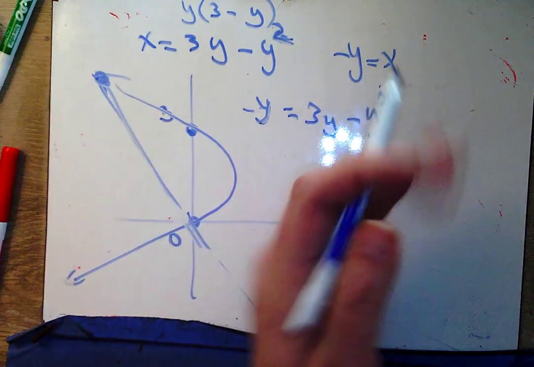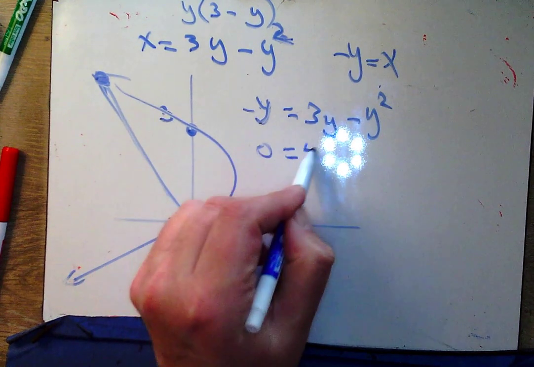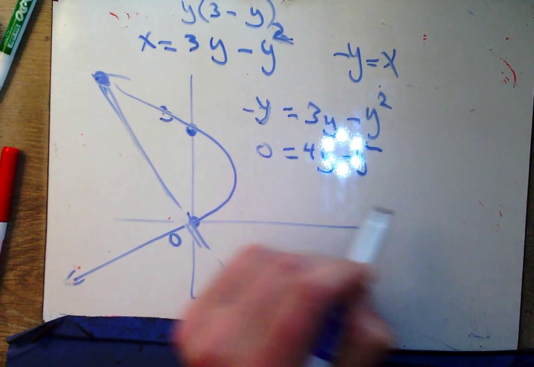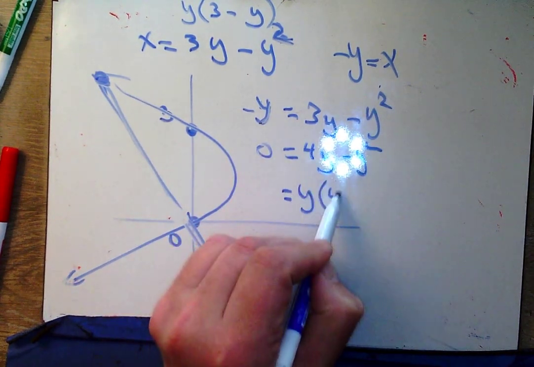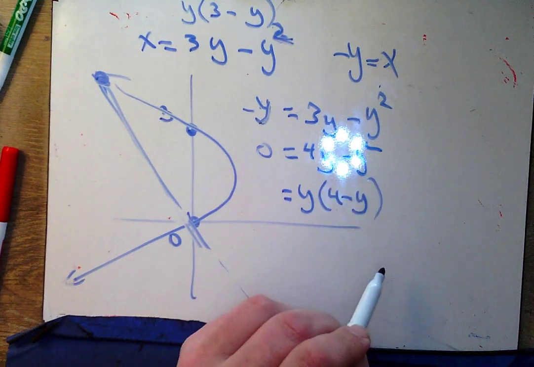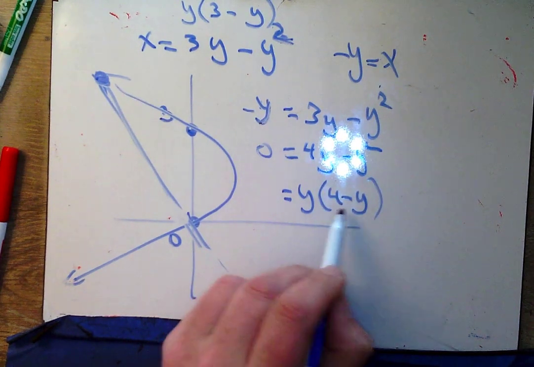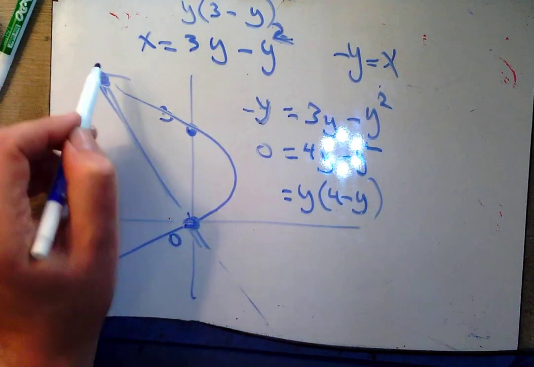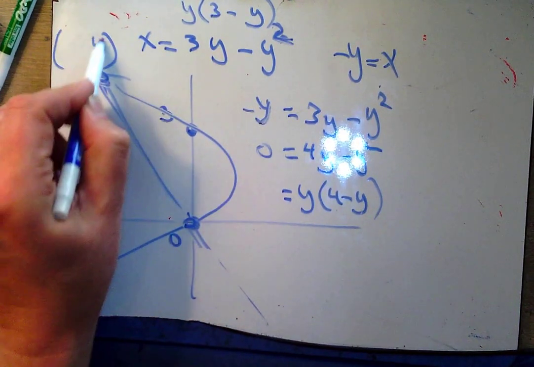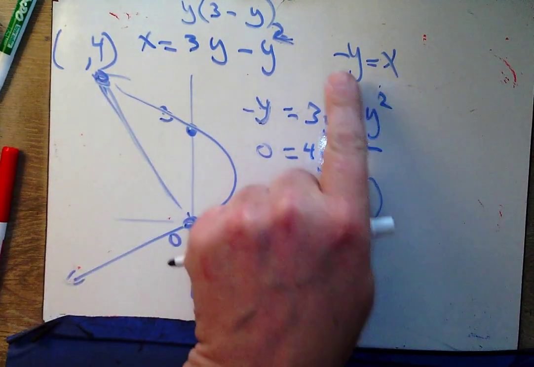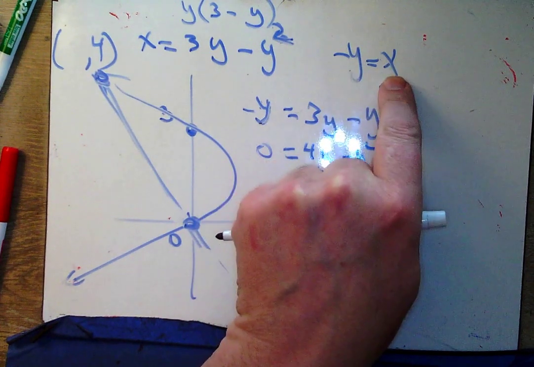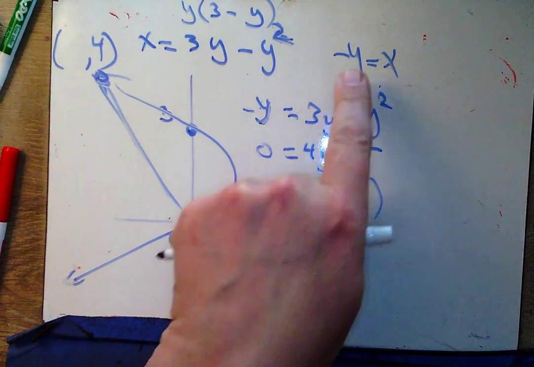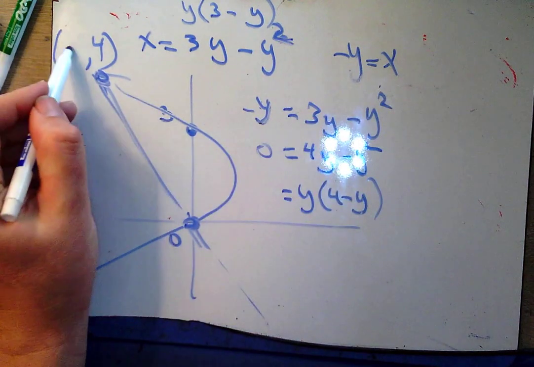Please put all the y's on one side. 4y minus y squared. And then we can factor out a y. We can see that there are intercepts when y is equal to 0, but also when y is equal to 4. Remember, negative y equals x. So 4, negative 4 equals x.